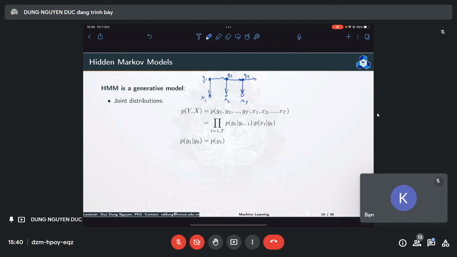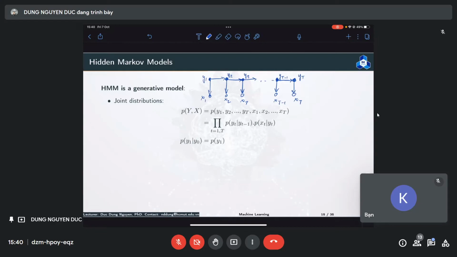And this keeps going until yt minus 1, which gives you xt minus 1, and this one leads to yt and xt. So given these graphical models, again, we are back to the graphical model.